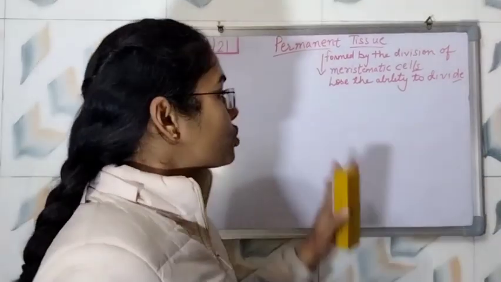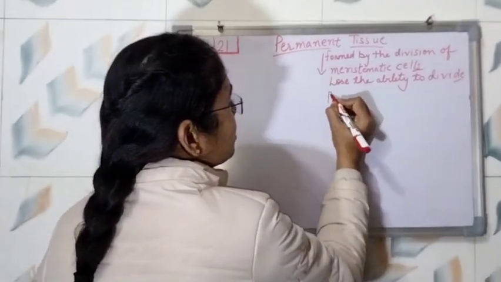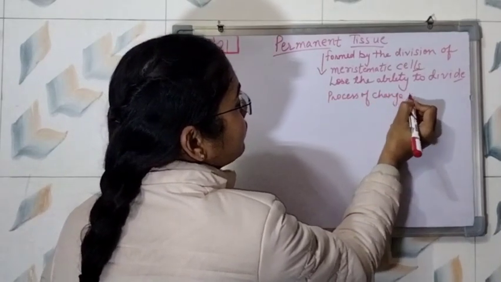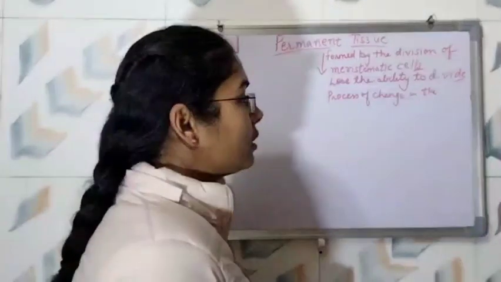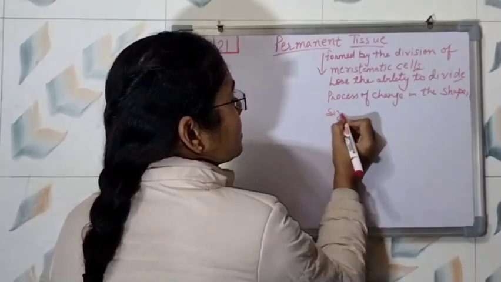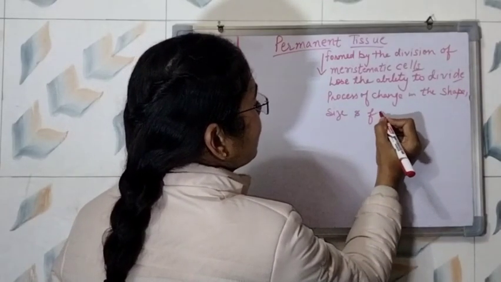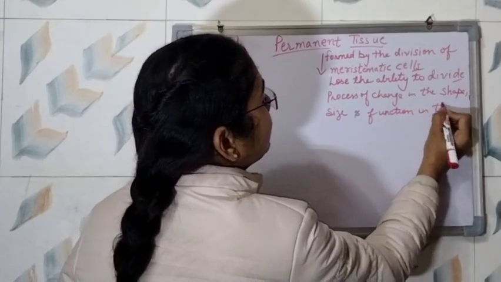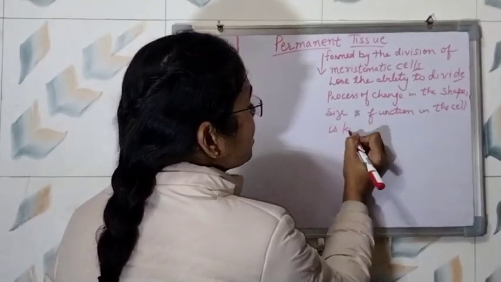Okay students, so the process of taking up the final shape, size, and function in the cell, this process is known as what?